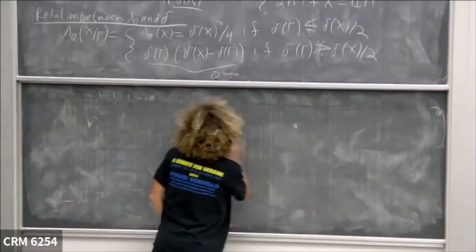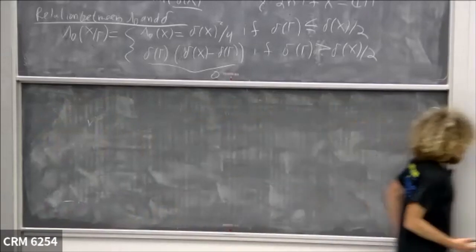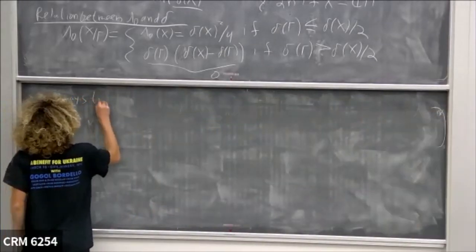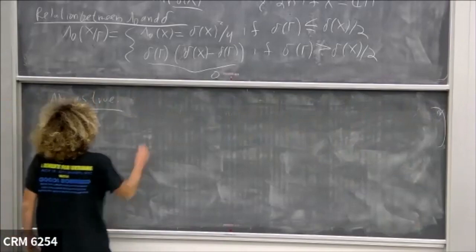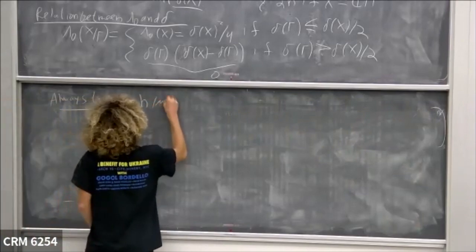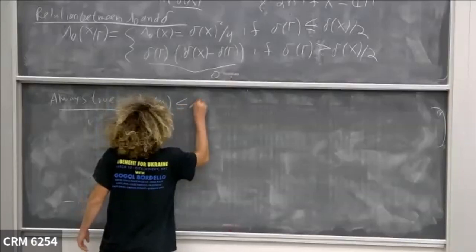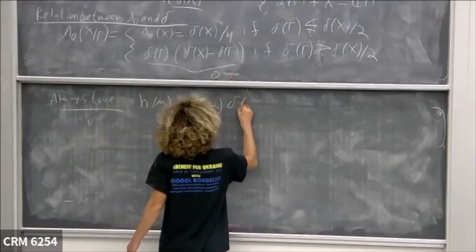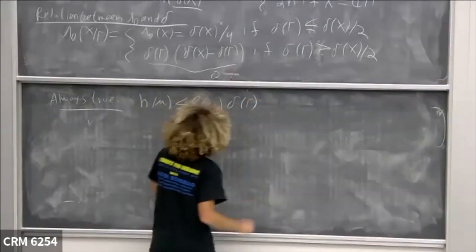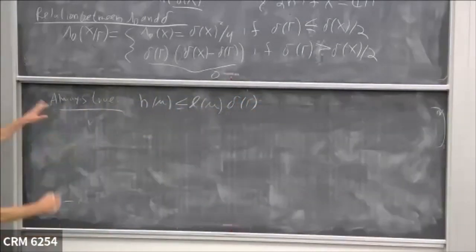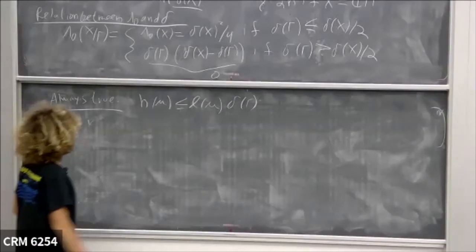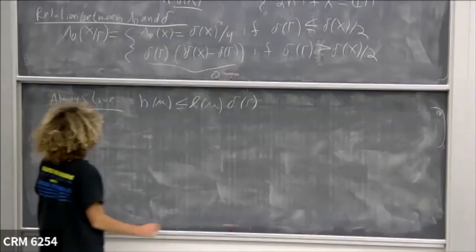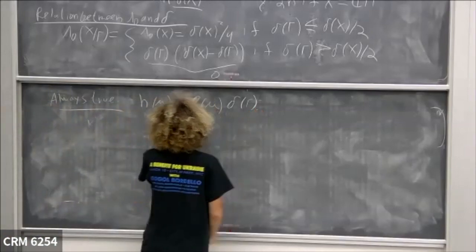What is always true is that h of mu is less than or equal to l of mu times delta of gamma. This is due to either Fraczyk or Tiozzo, I'm not taking sides. So this is always true.